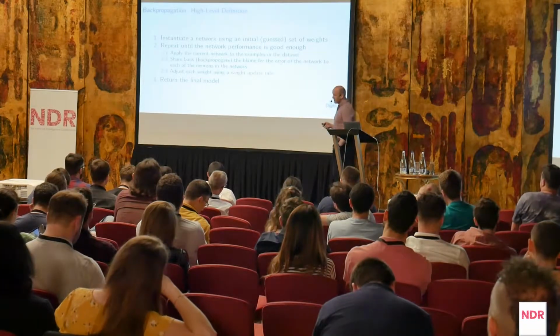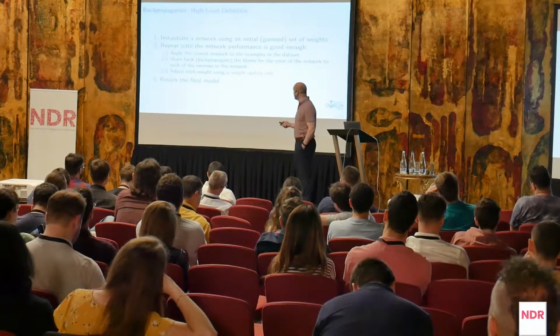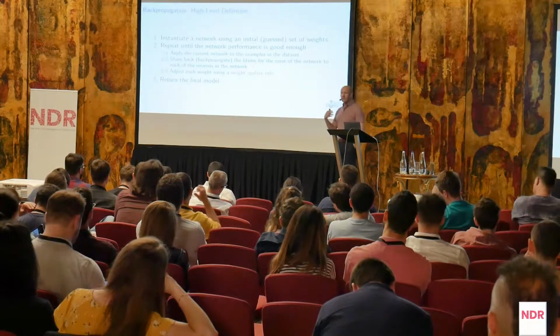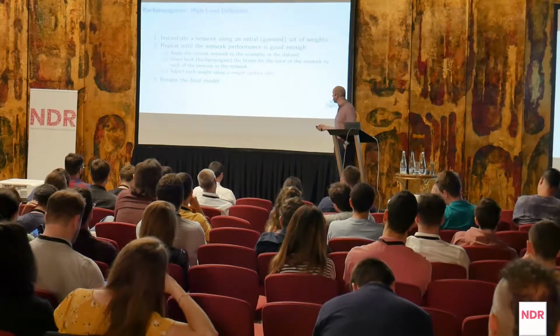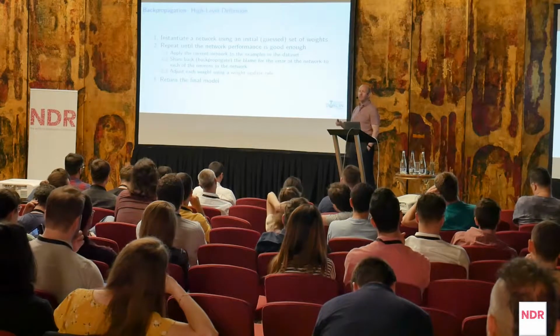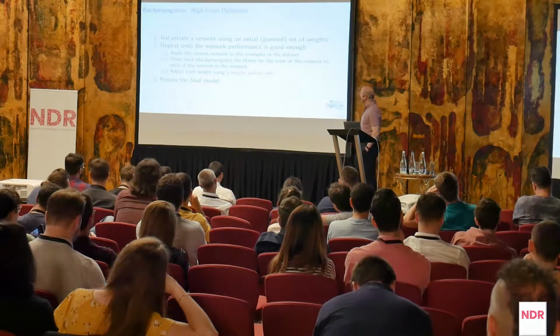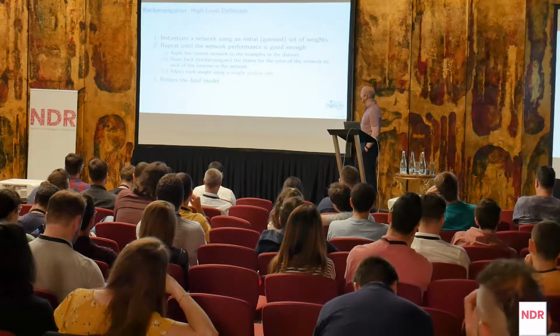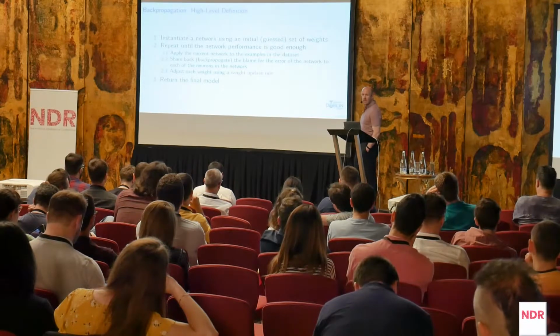And then what do we do? Once we have a network with initial weights, we can apply it to examples in the data set. Obviously, it's not going to be a very good network to start with, but we use the error of the network to iteratively update the weights so that it gets better. We do that in two steps. First, we share back, or backpropagate, the blame of the error to each of the neurons.